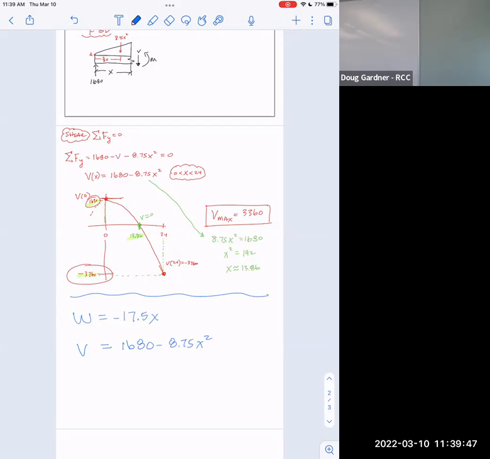I could say that W will equal V prime, right? Or I could say, if I took the integral of both sides of that equation, couldn't I also say the integral of W would be equal to V? Now, what's interesting about that is, if you take the integral of negative 17.5x, doesn't the x grow an exponent?